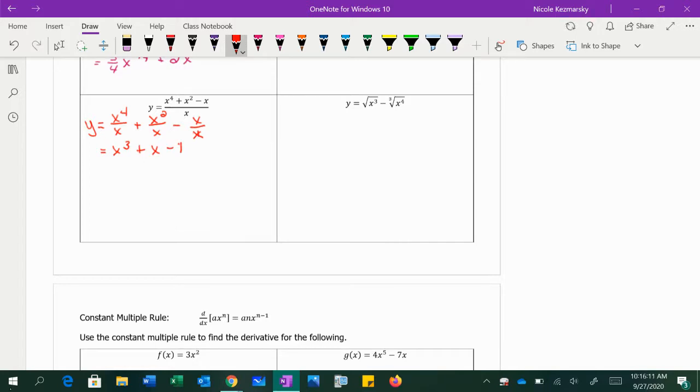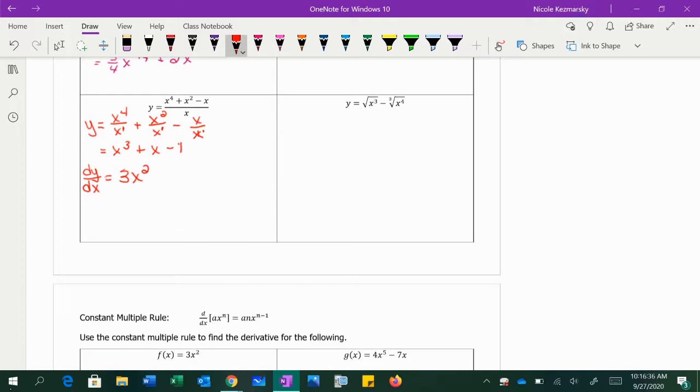So all I'm doing is subtracting the exponents. So all of those exponents in the bottom are x to the first. 4 minus 1 is 3. 2 minus 1 is 1. And then x over x, they cancel out, and you just get 1. Now I can say dy dx, let's try this without writing all the extra stuff in there, is going to be 3x squared.